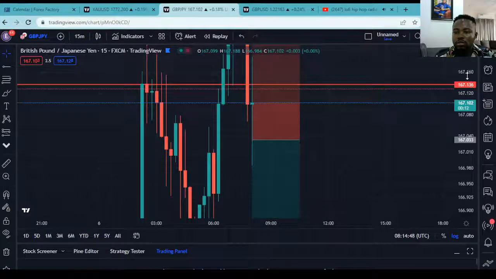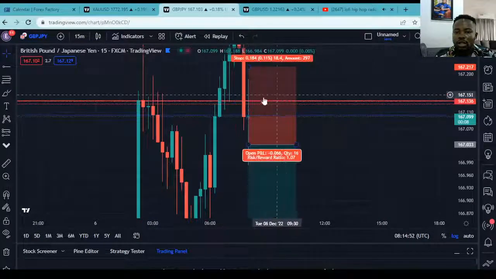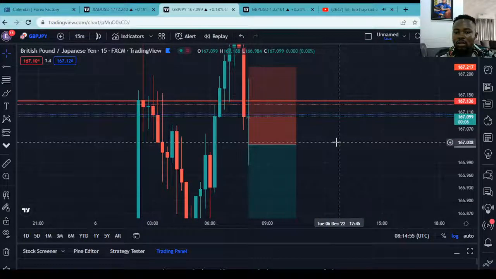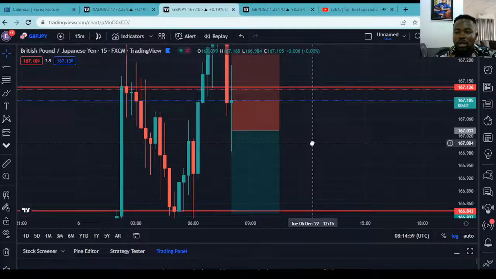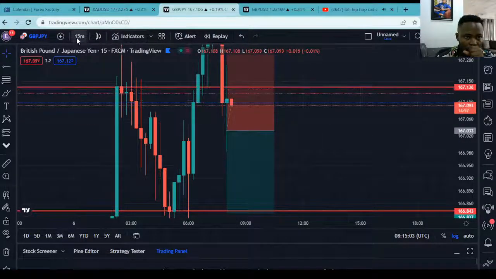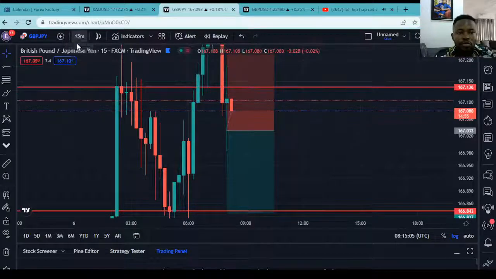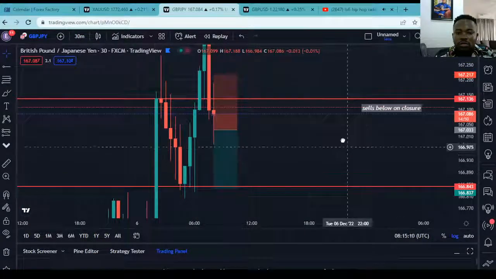You see, GJ, see how we're rejecting that area, still showing us that we can keep moving to the downside. So right now we're not closing above there. But we've closed 50% already, so we'll still see.